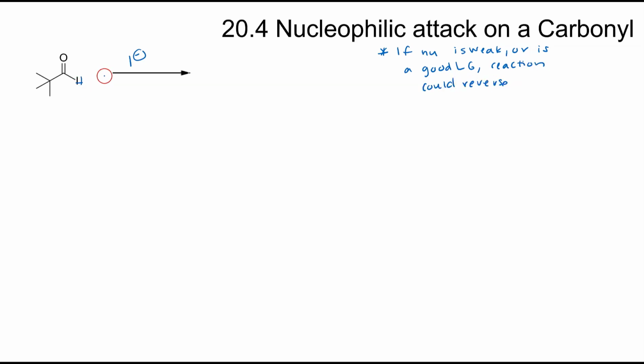So this is an aldehyde here. If the I- attacks as the nucleophile, this is the tetrahedral intermediate. And here there's a good leaving group, which is better than H. So if those electrons can reform the carbonyl and kick off the leaving group, it will.